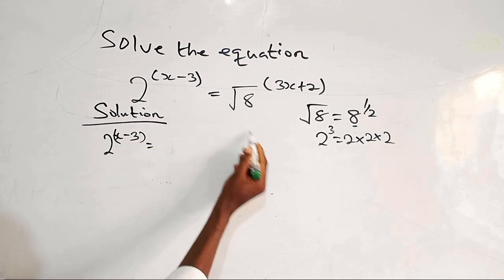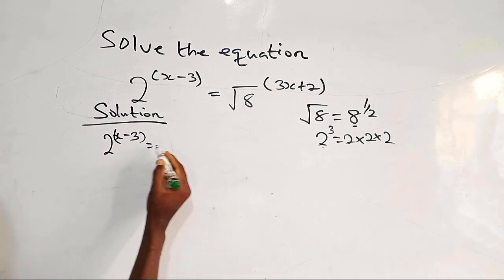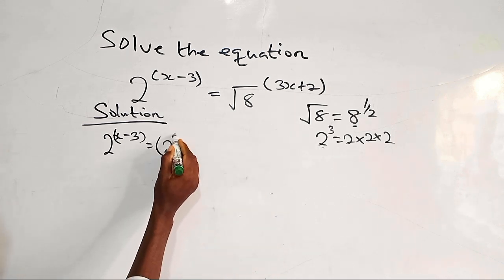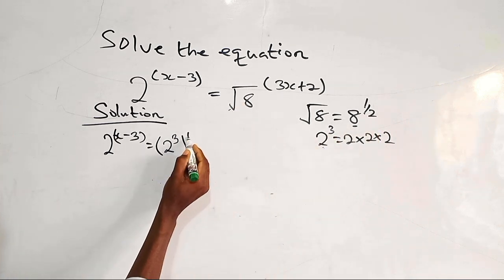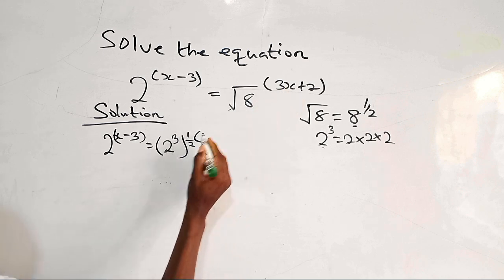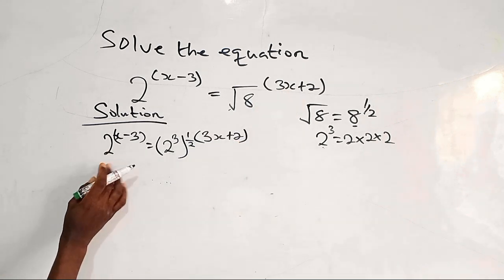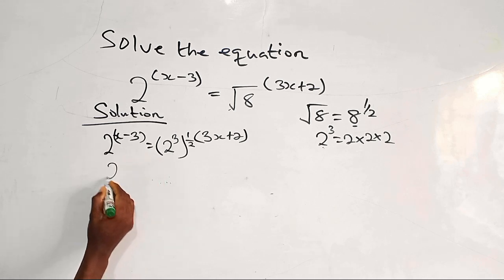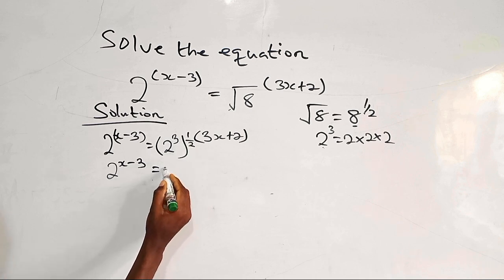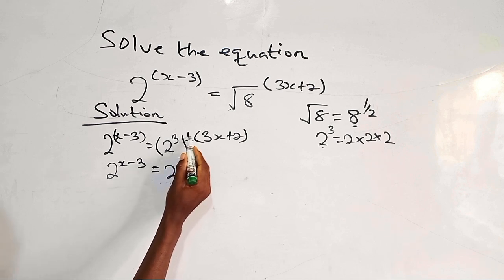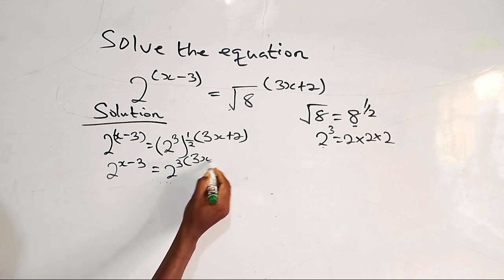to write root 8, I can replace it with 2 raised to the power 3. So here I have 2 raised to the power 3, which is 8, but for the square root I have to use a half, 1 over 2, times 3x plus 2. So for this now, I can solve further. I have 2 raised to the power x minus 3 equals, so for 3 times 1, that is 3, so this will be 3 into 3x plus 2.